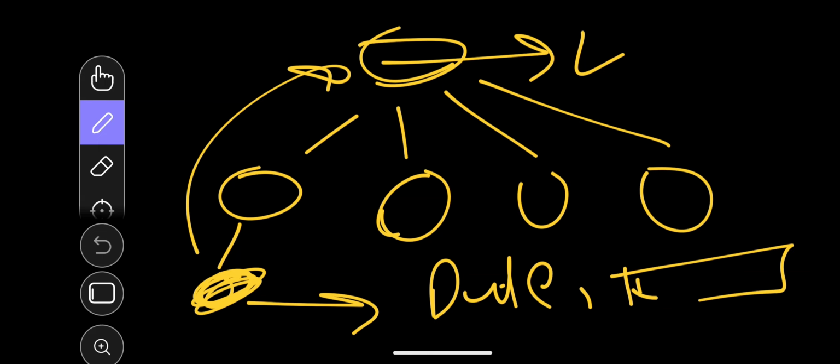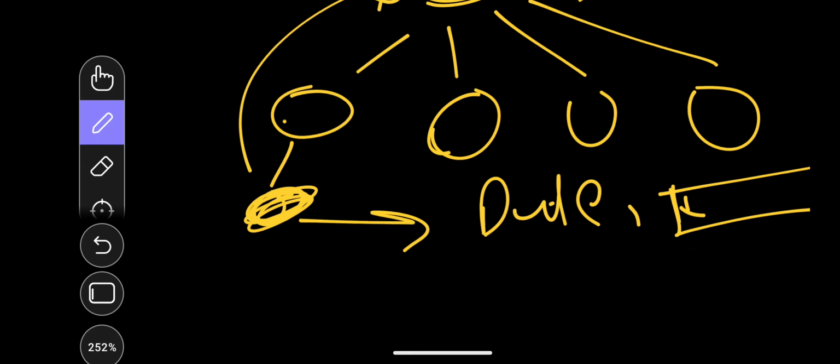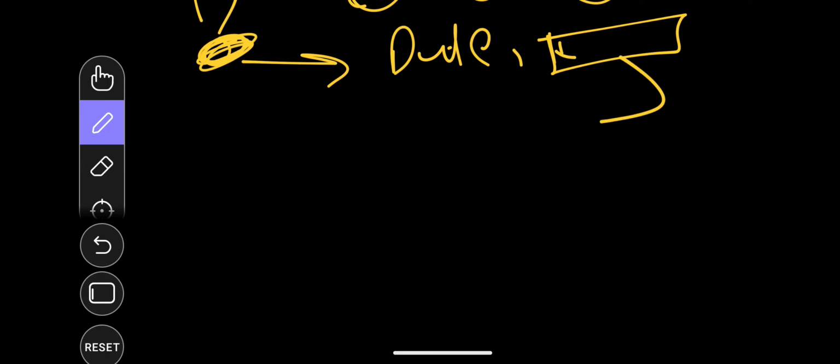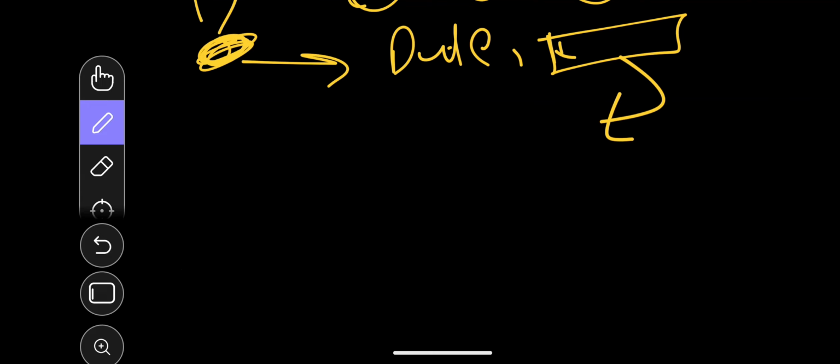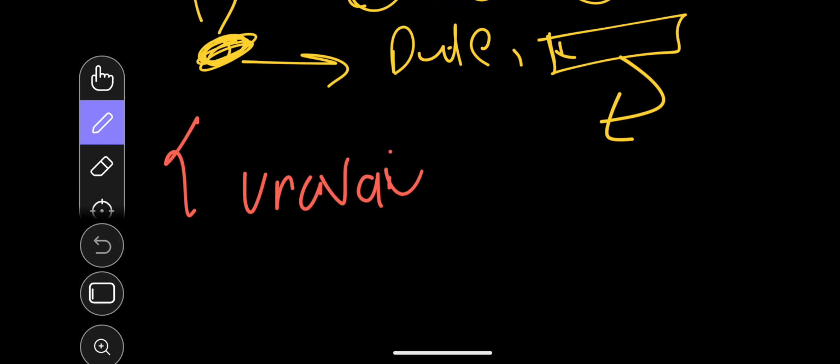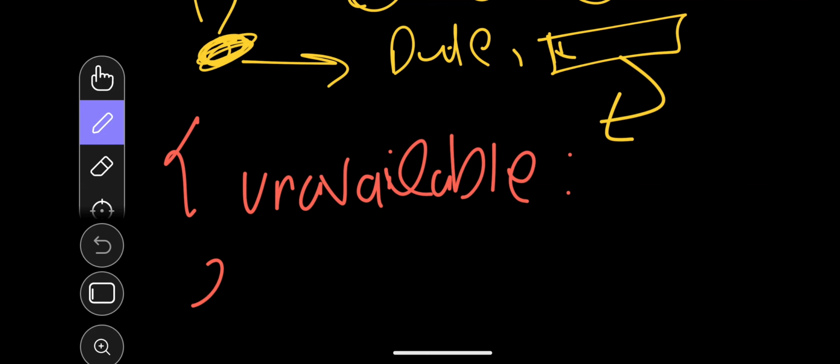We remember we were maintaining a list of unavailability for the reserved listing. So a list in our Quadtree will have something like this. How will this list look? If I would like to write it, it would be like this. Let's say we will have unavailable, and inside this you have the range.